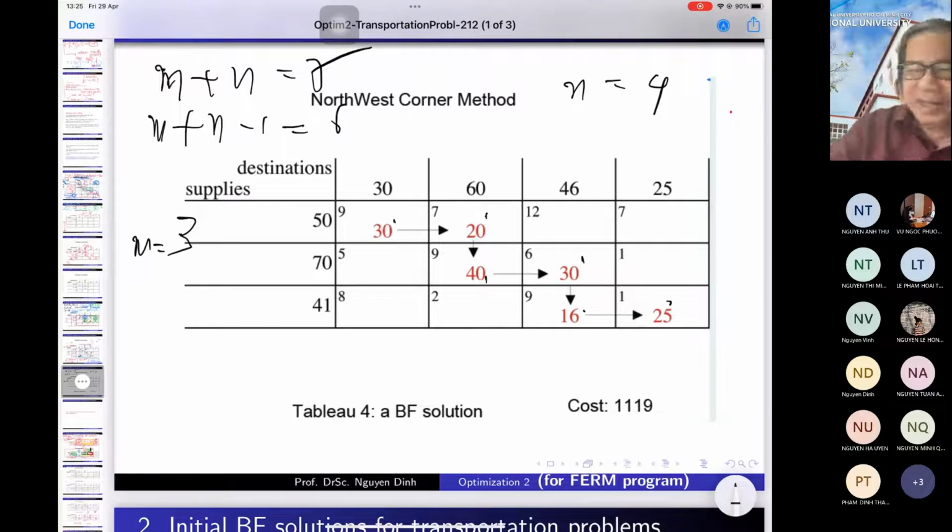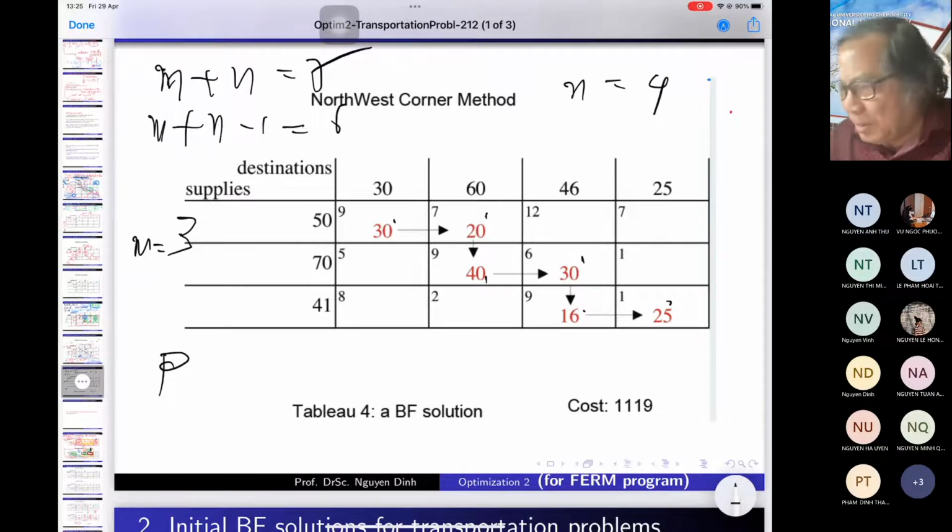This is a set, we call it set P, of all the cells with the numbers here. That means the selected cells of this initial feasible solution. You see P includes 6 cells and contains no cycle.